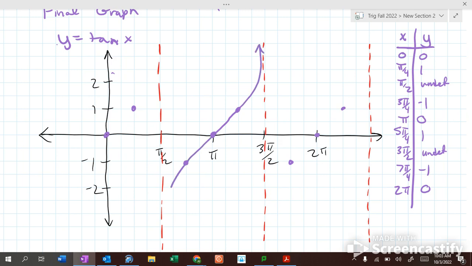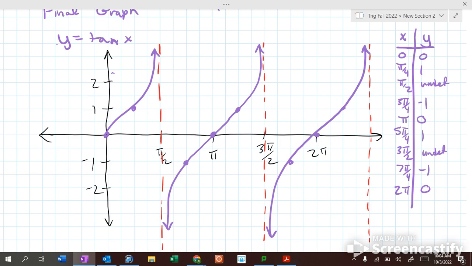As it goes down alongside of it. So the tangent curve looks like this. Not a parabola, but more of an x cubed type curve. Okay, that's a tangent curve.